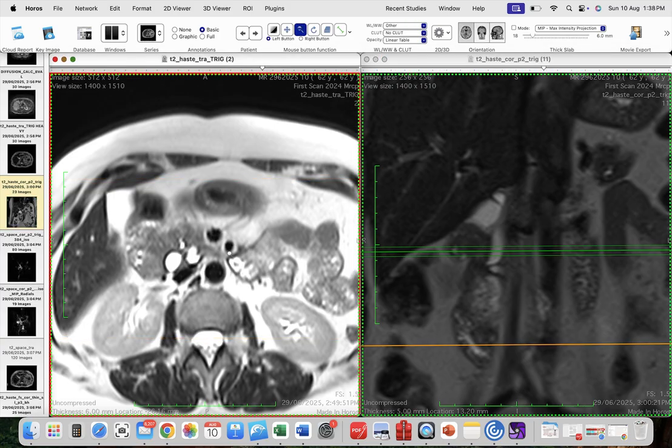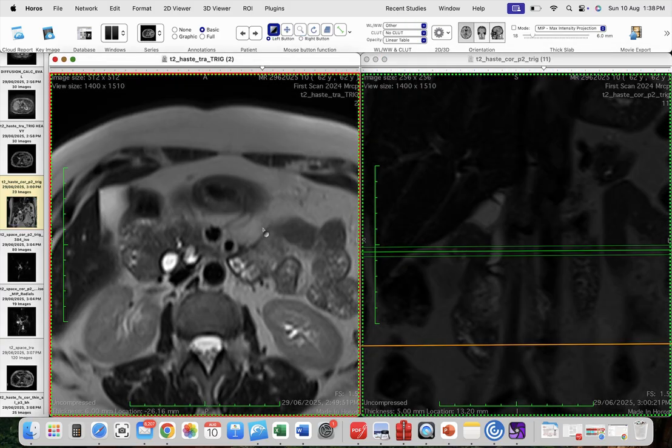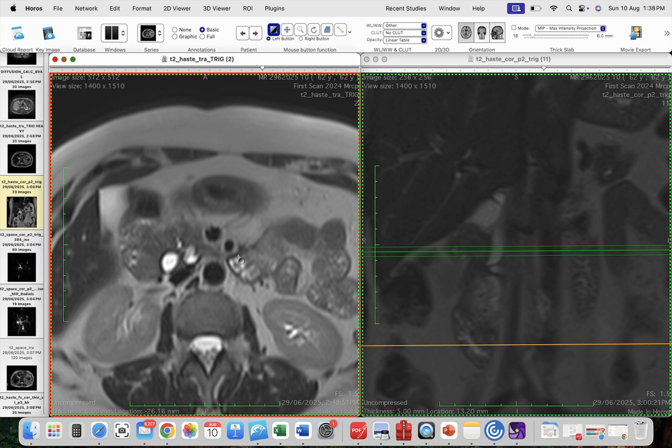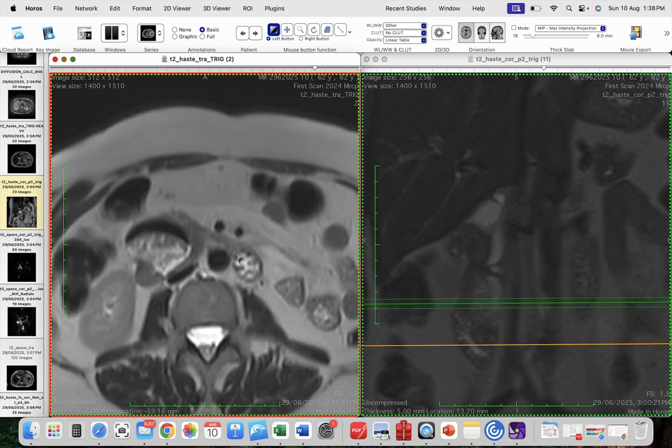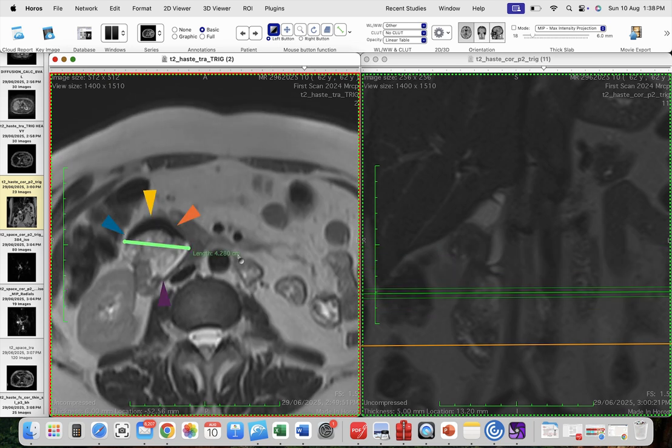Let's go back. What is the cause? When I reviewed the printed copy of the previous CT of this patient, there was a huge, about 4 centimeter, initially hyperdense lesion with no enhancement, and it was misdiagnosed as a mass.